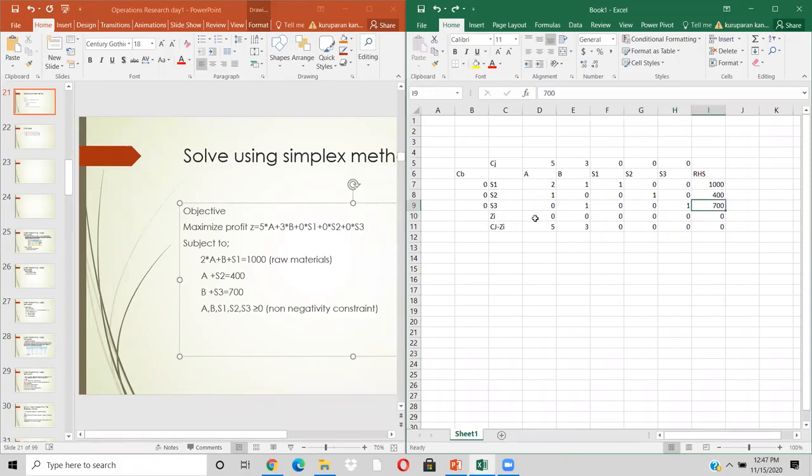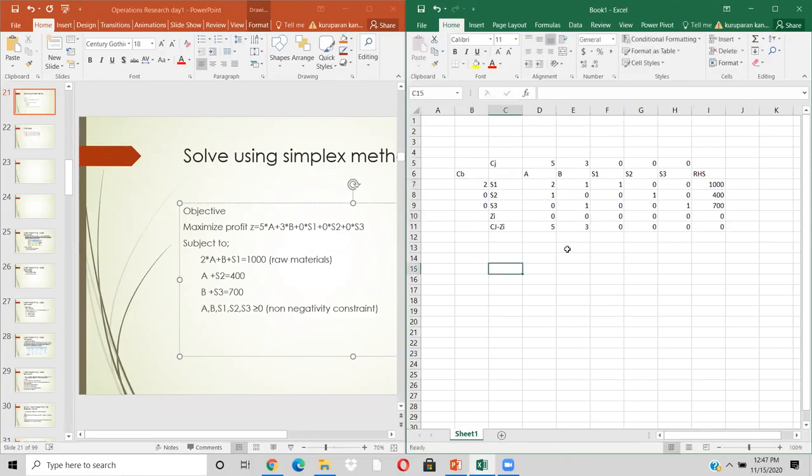How did I calculate this 0? This 0 is calculated by multiplying this 2 by 0, plus this 1 into this, plus this 1 into this. For this one, I have to multiply 1 into 0 plus 0 into 0 plus 1 into 0. The addition is 0. Suppose this one is 2.